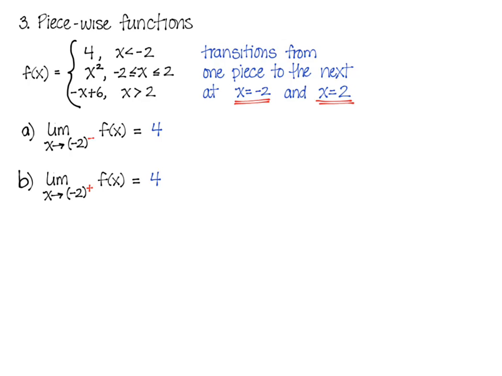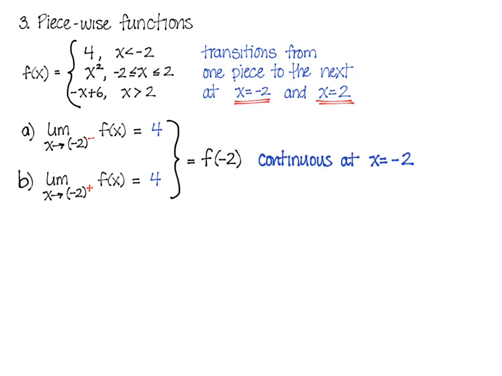Well, since our left-hand limit and our right-hand limit are equal, and that also happens to be, in this piecewise function, when you plug in -2, you have the answer of 4. That means the limit and the function value itself are equal, which means it's continuous. That's the definition of continuity at that point.